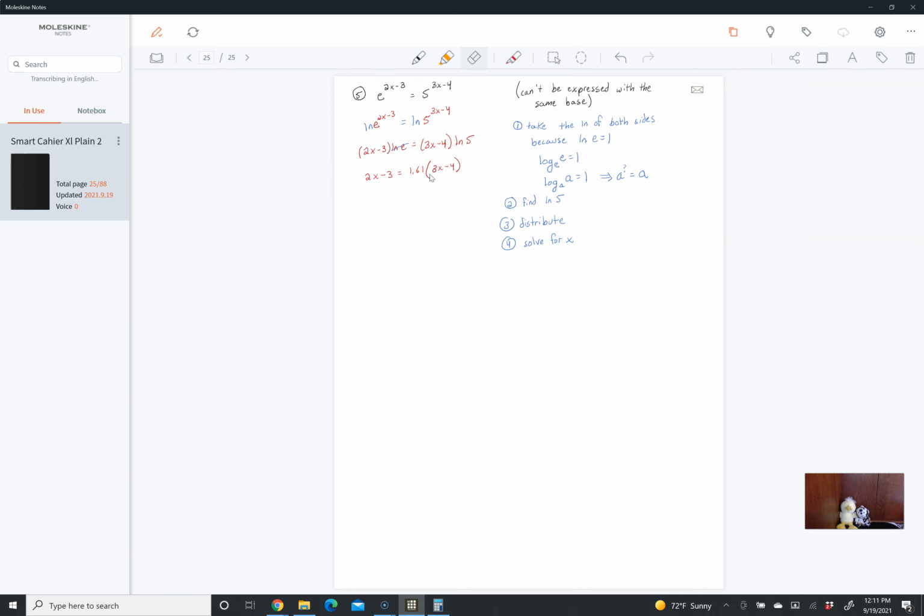And then we distribute this 1.61. So when we distribute the 1.61, we get 2x minus 3 is equal to 4.83x minus 6.44.